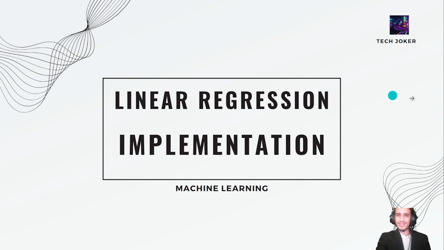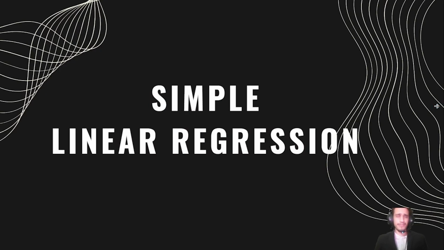Okay, so first of all, in linear regression, our first thing is simple linear regression. In this implementation series, we are going to use Google Colab, and you can use Visual Studio Code, PyCharm, Anaconda, anything that you like, or Jupyter Notebook.